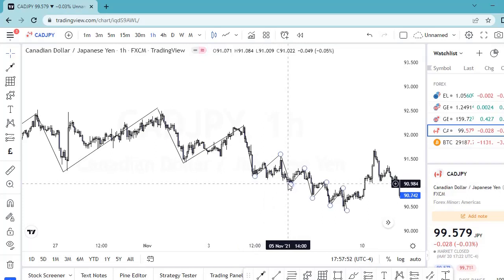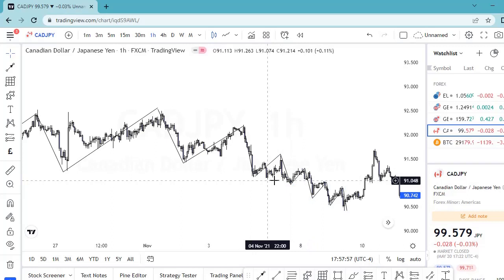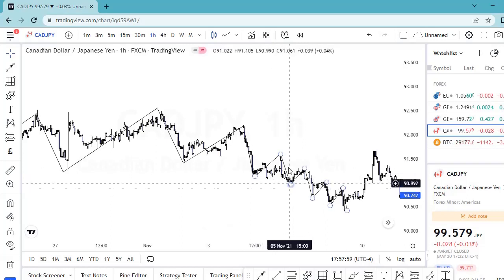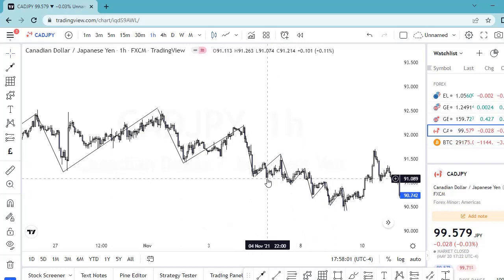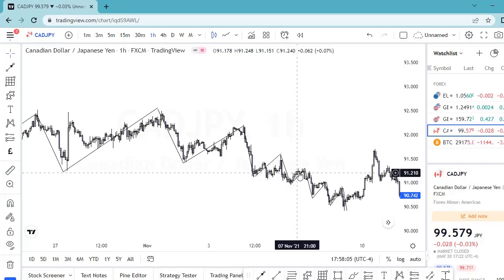I'm going to share with us what will make this low a valid lower low, and how to look out for selling opportunities using the naked chart, the naked price action, family.